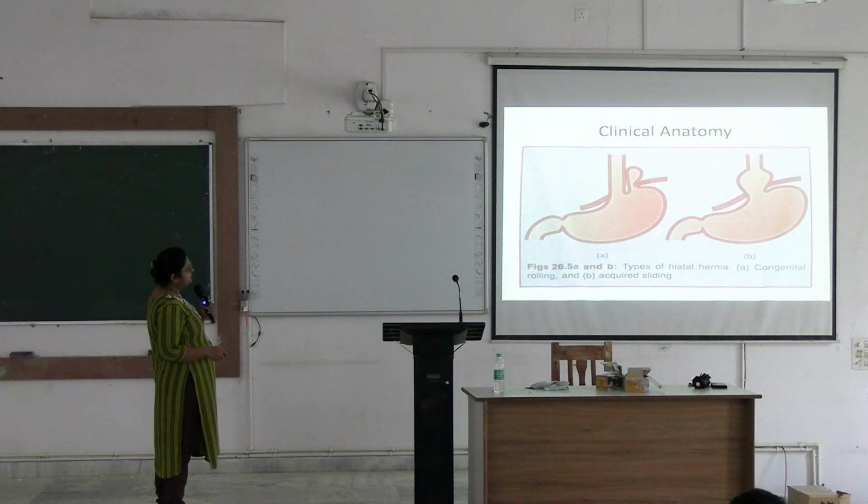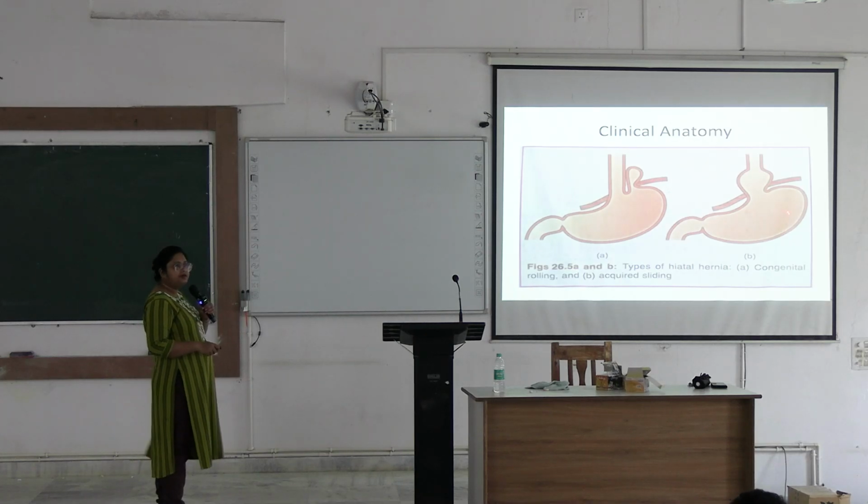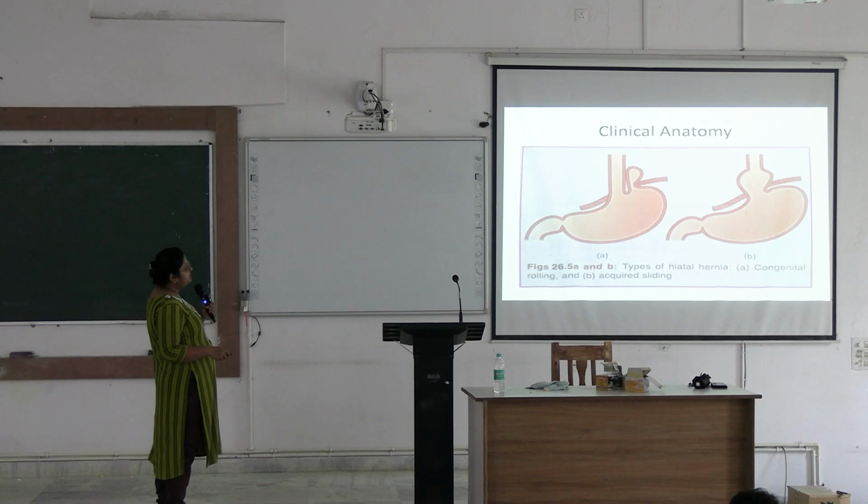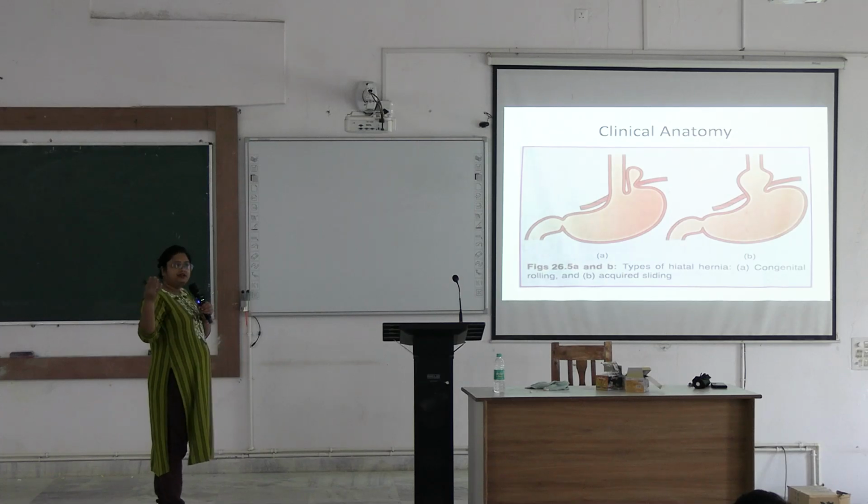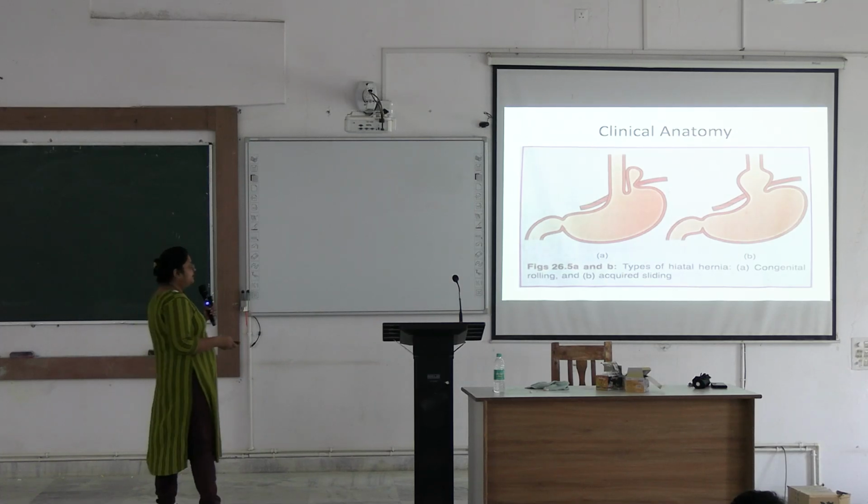See, this is congenital, the rolling type of hiatal hernia, and this is acquired, the sliding type of hiatal hernia. In congenital hiatal hernia, the gastroesophageal junction is not moving upward. Only a part of the fundus of the stomach herniates through the esophageal opening into the thorax. In sliding hernia, the gastroesophageal junction is pushed upward.